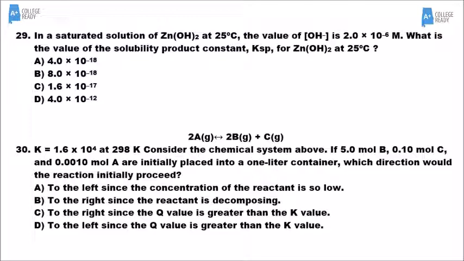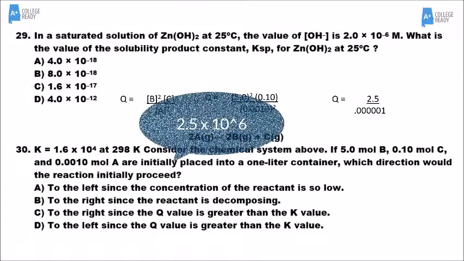Number 30, this is a Q versus K. So first we have to write the Q expression. We plug in the numbers given to us about how many moles are in a 1 liter container, and we do the simplified math. Without having to go through and do all the math, realize you have 2.5, a number larger than 1, divided by a very, very small number.